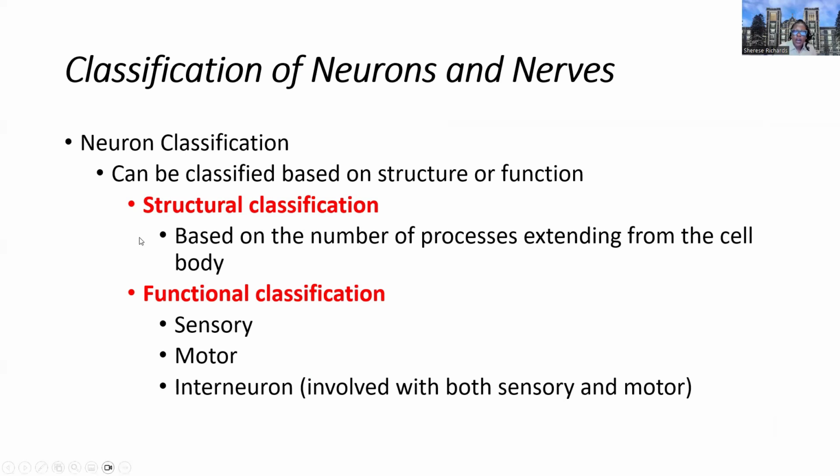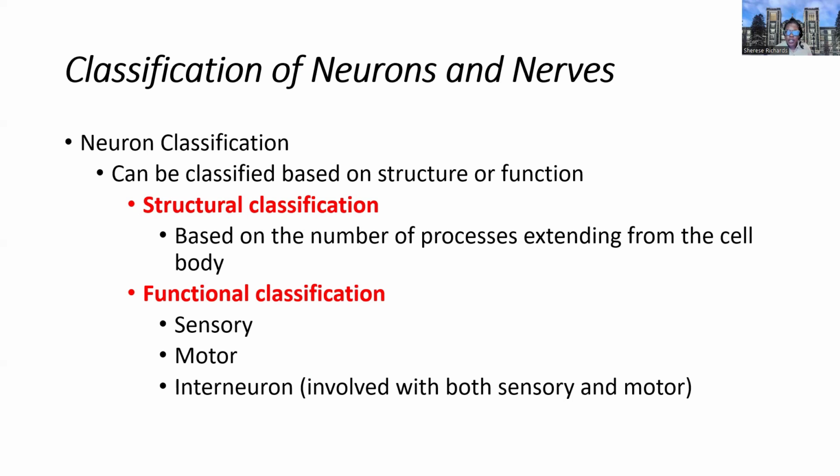Okay, functionally, we can classify neurons based upon what type of stimulus or what type of impulse, rather, they're transmitting. Is it a sensory impulse? Are they receiving information from the world around us, sight, smell, touch, and sending that to the nervous system? Or is it a motor neuron? Are they transmitting motor impulses?